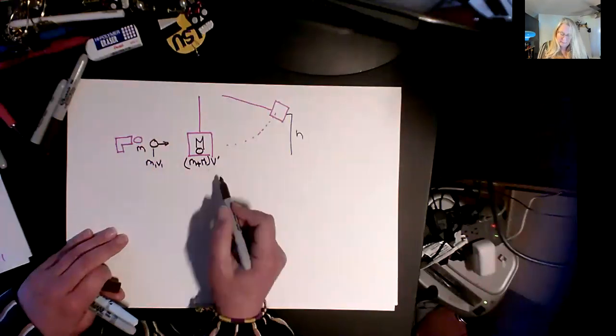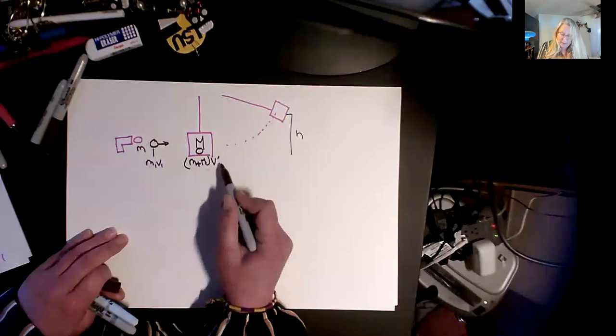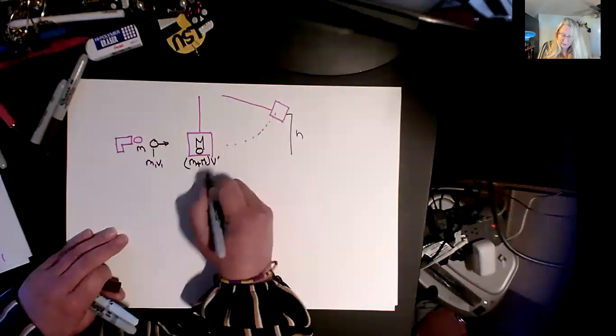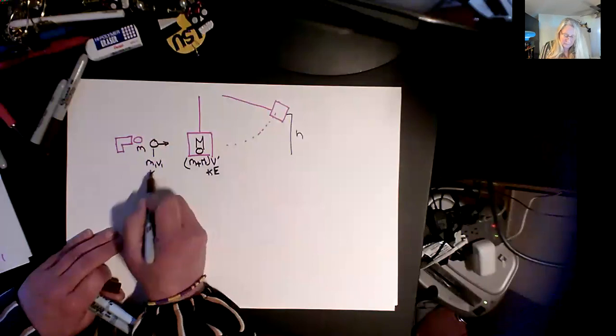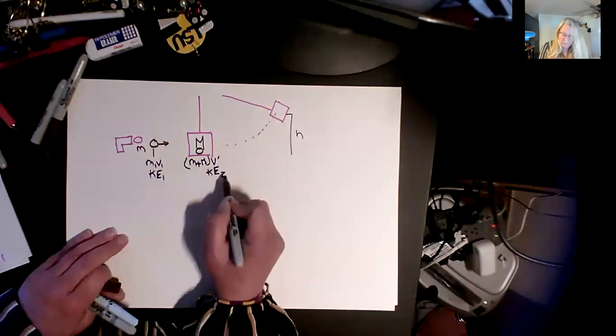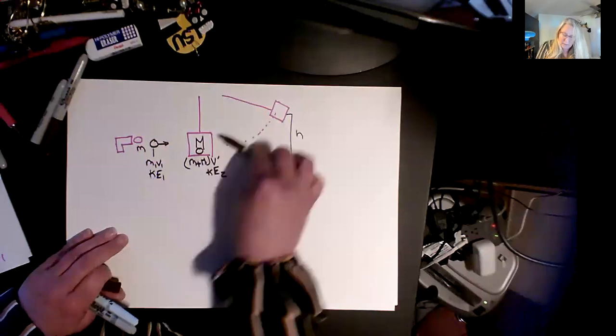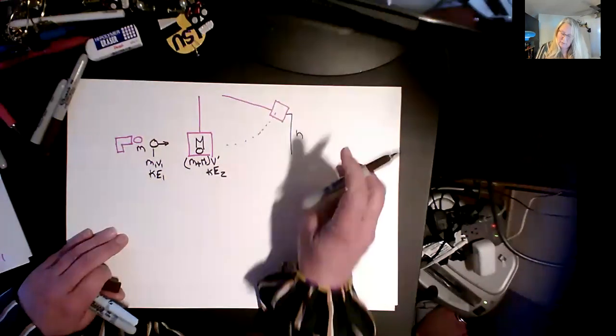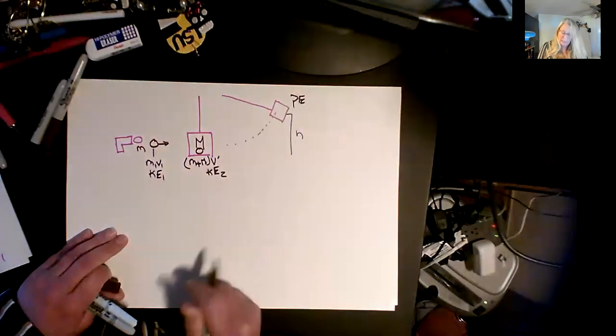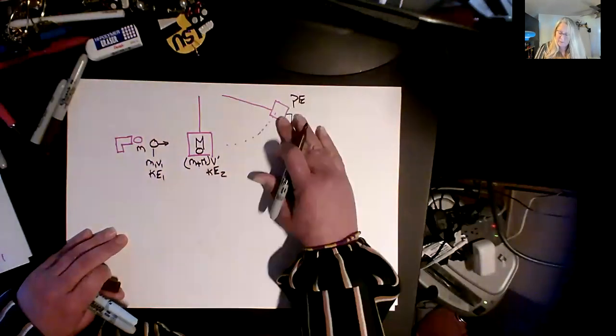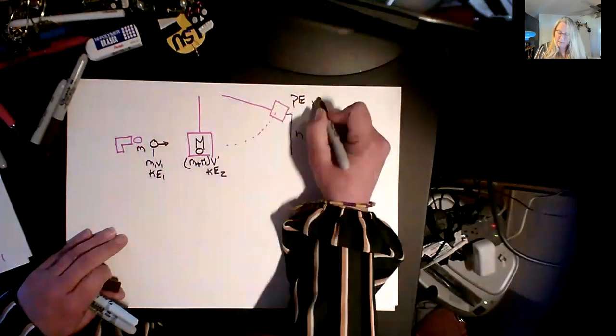I'm going to have some kinetic energy here, and kinetic energy here too. So we'll just call this 1 and 2. And when it swings, just as it comes to rest, I'm going to have potential energy here and no kinetic. So all my kinetic from the swing is going to go up here, and this will be for little mass plus big mass.